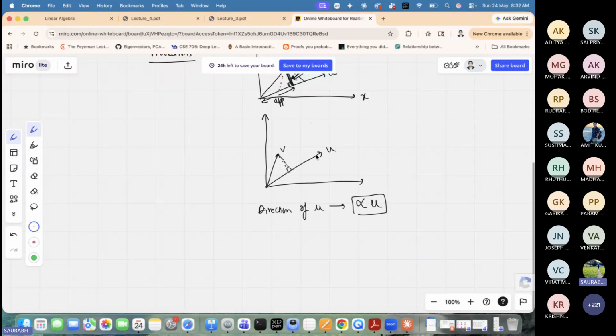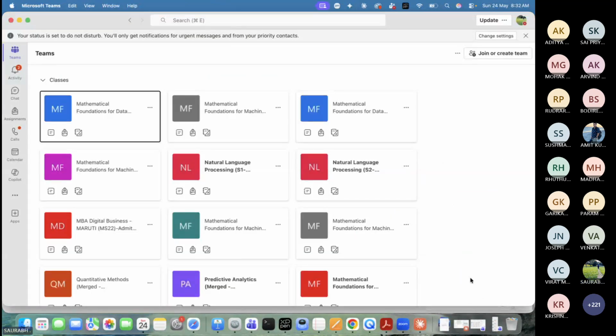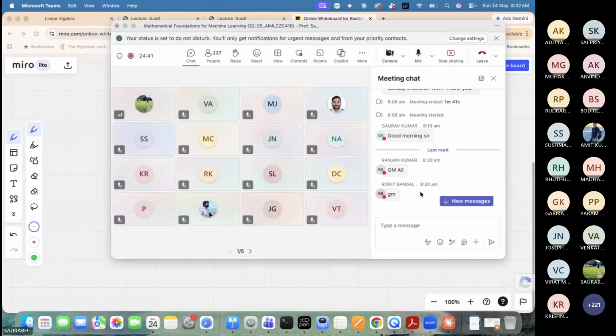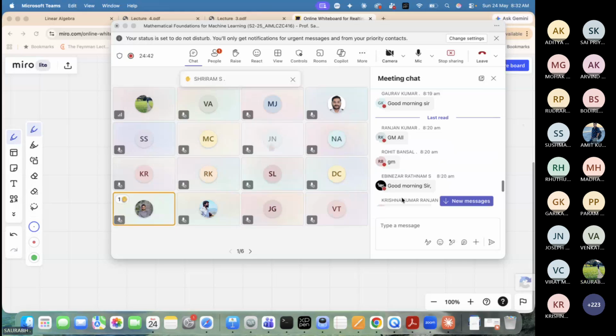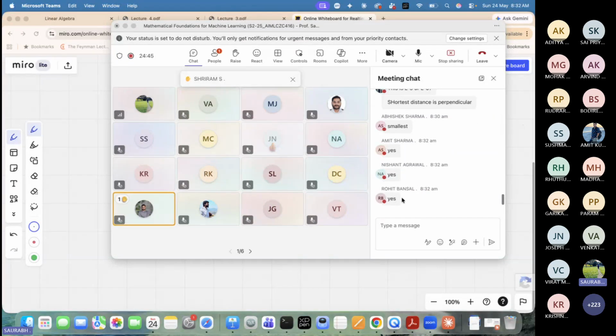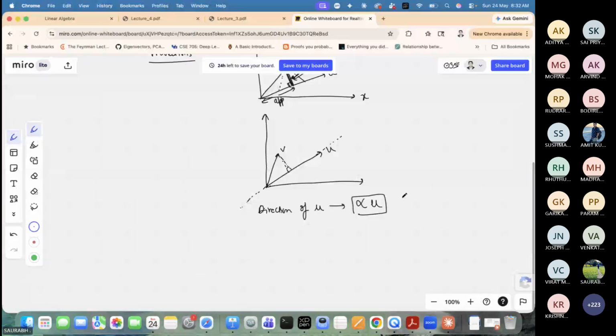Any vector which is aligned in the direction of the U vector has to be of the form alpha times U. This is right, right? So direction of U means alpha times U, right?